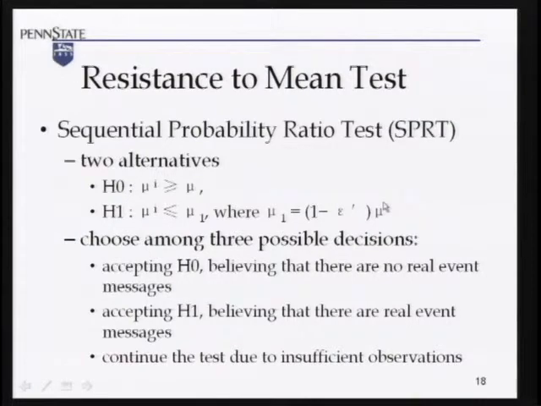And we also did this mean test. In the mean test, the attacker is trying to see if the mean has been changed. But we use something called a sequential probability ratio test. It's a kind of hypothesis test, but the difference is that you have three conditions. Let me use this example instead. In this case you have two alternatives. The first alternative is H0, which means the observed mean is larger than or equal to the population mean.